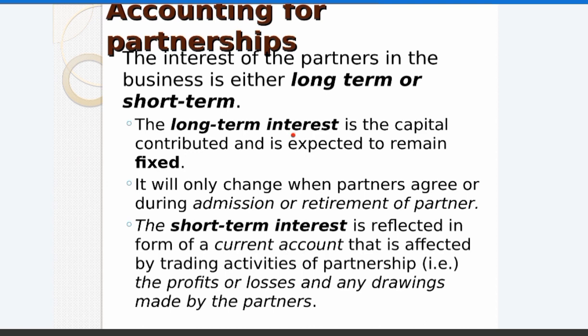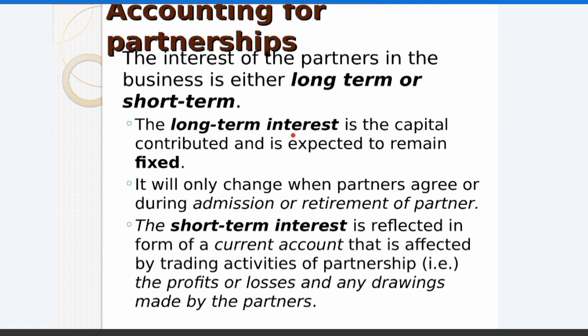In that case, if it is a long-term interest, it is expected to remain fixed, meaning you are not supposed to withdraw any of the capital after you have contributed it. The capital contributed by the partners, which is supposed to be fixed and not withdrawn, is what we call the fixed interest in the partnership, or a long-term interest.